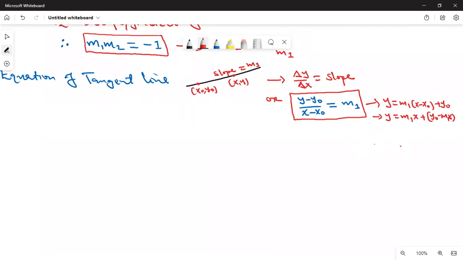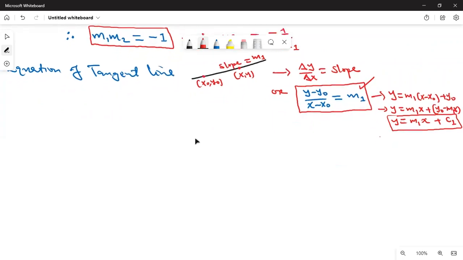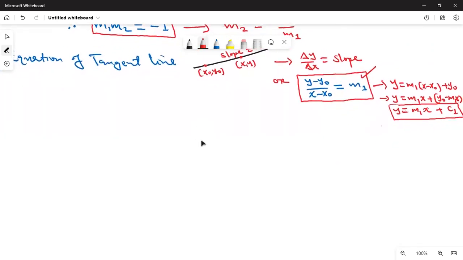Or simply y equals m1x plus c. So we can talk of y equals m1x plus c1. Another form of writing the equation of the tangent line. But whichever form is okay, even if you leave it as (y minus y naught) over (x minus x naught) equals m1, that will still give you the equation of the tangent line.